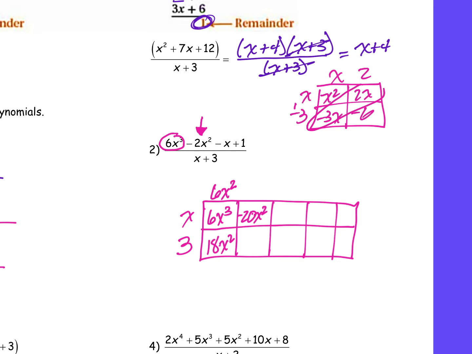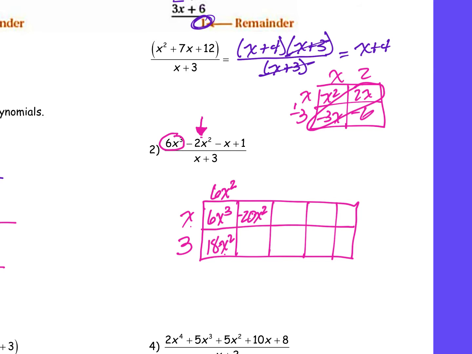These two numbers add to be my middle number. So I want these two boxes to add to be this next number. If this box is 18x squared, what do I need to add to it to get negative 2x squared? Negative 20x squared. Does that make sense now? Okay.